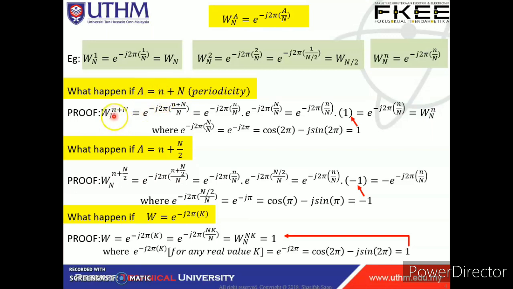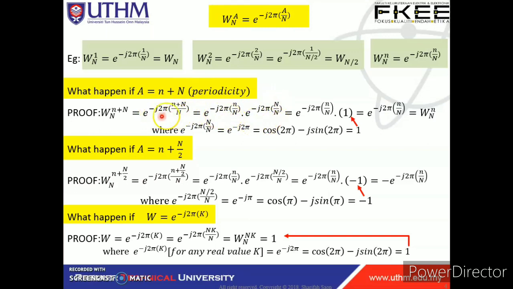Alright, so for example here we change the upper W to n plus capital N, the number of samples, and at the numerator we have n plus N divided by N. Because of the exponential characteristic, the expression can be expanded into two different exponentials.